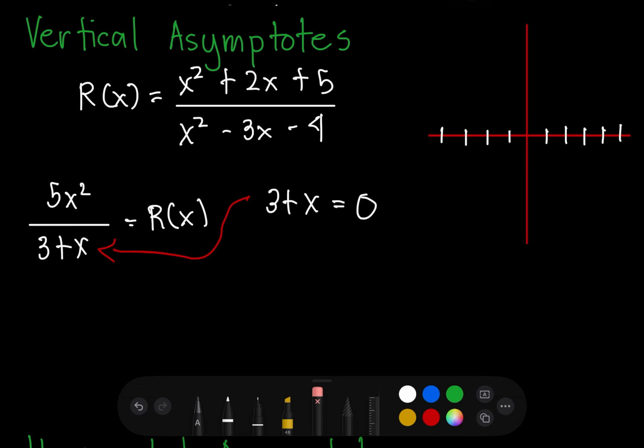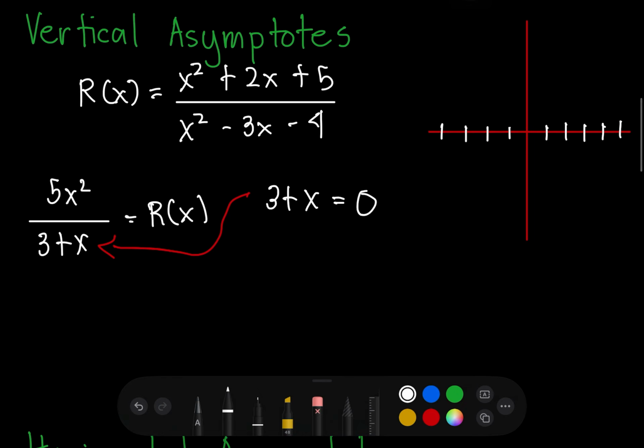So, that is 3 plus x. All we need to do is to equate it to 0 for us to know when it will be equal to 0. If we have 3 plus x equal to 0, we just need to use the addition property of equality, wherein we add negative 3 on both sides, or simply, we are just transposing 3 to the other side to solve for x.